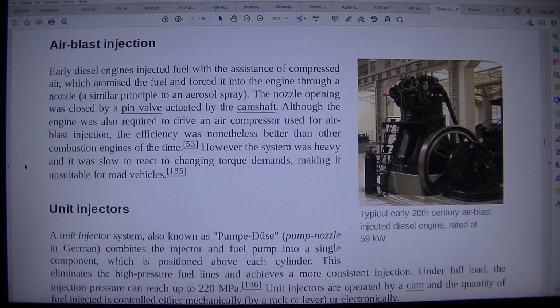The nozzle opening was closed by a pin valve actuated by the camshaft. Although the engine was also required to drive an air compressor used for air blast injection, the efficiency was nonetheless better than other combustion engines of the time. However, the system was heavy and it was slow to react to changing torque demands, making it unsuitable for road vehicles.